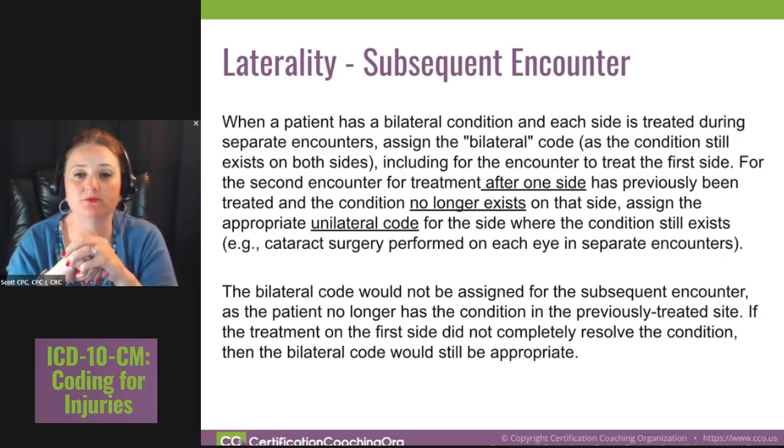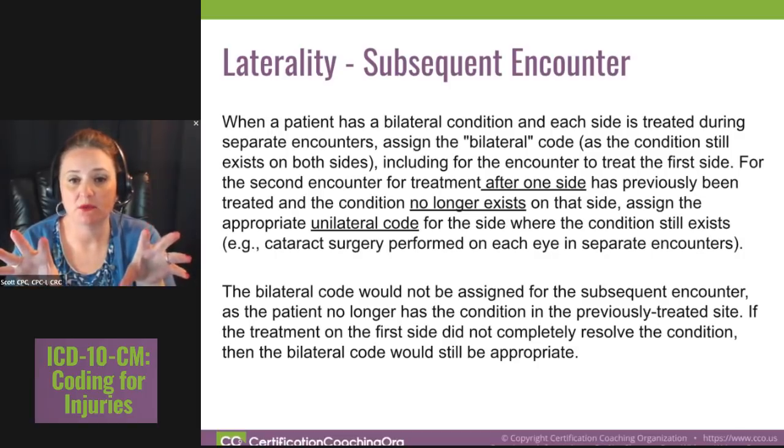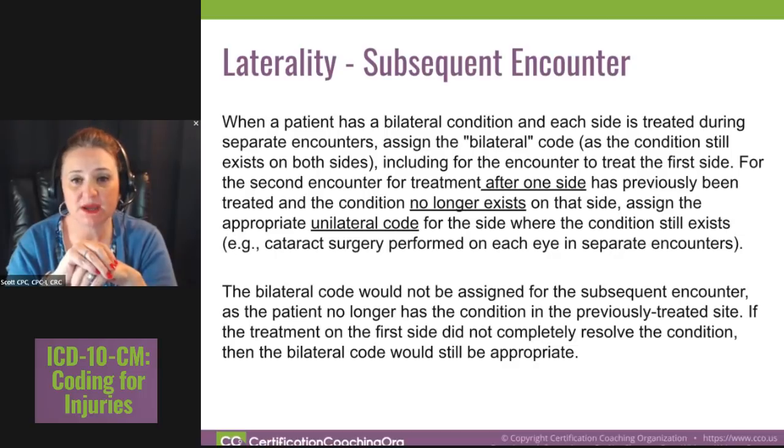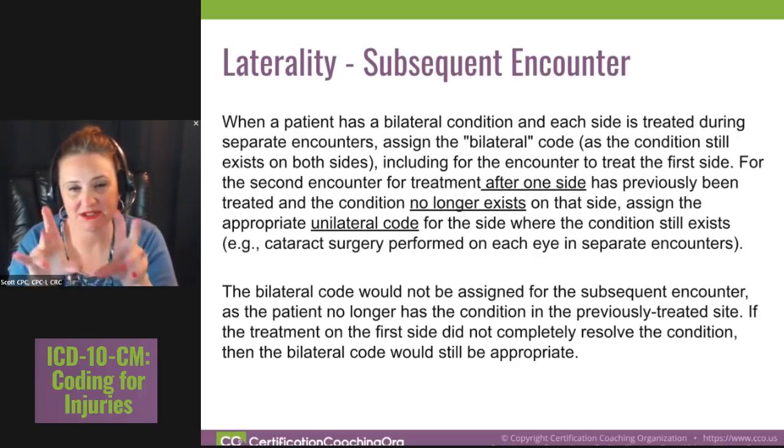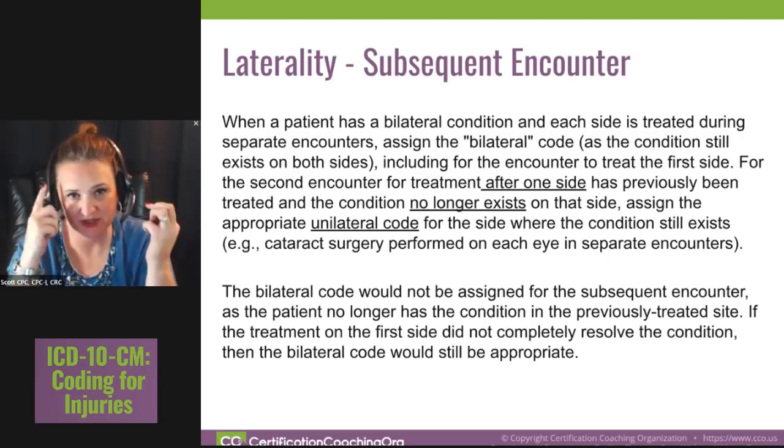Now, if we are not in the initial treatment anymore and we are into our subsequent visits, laterality probably isn't going to be involved with burns like that, but we're just using this as an example so you can get through the concept.